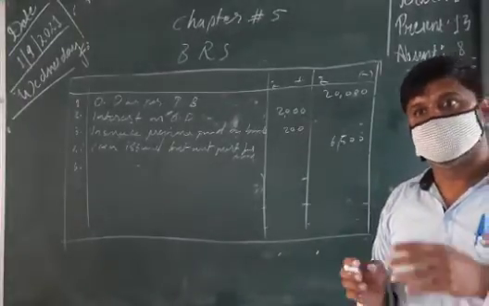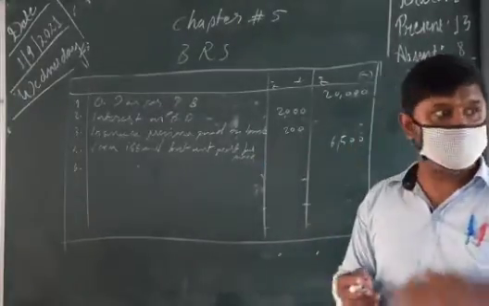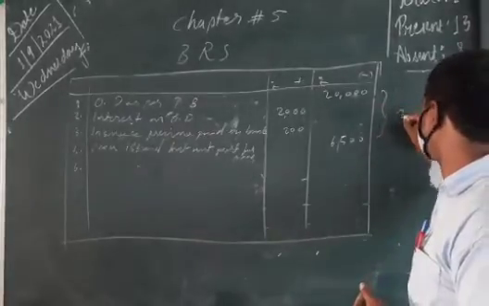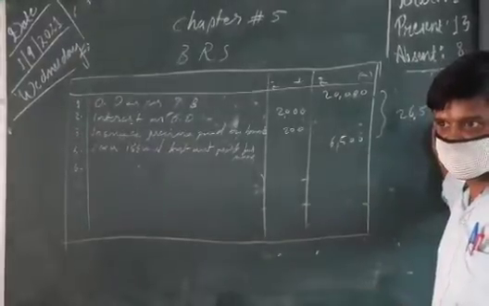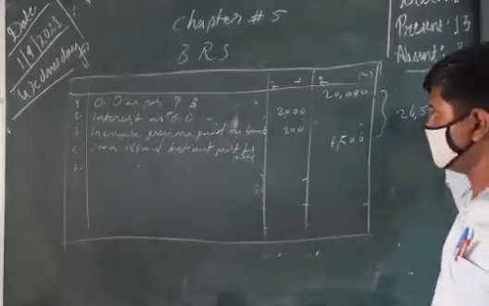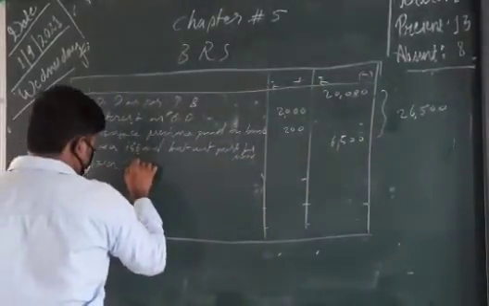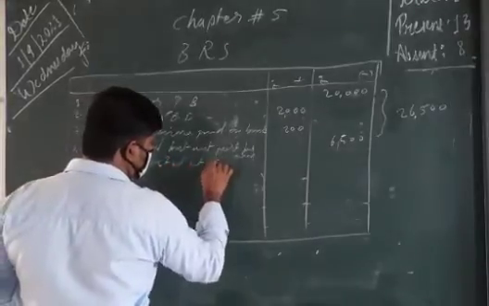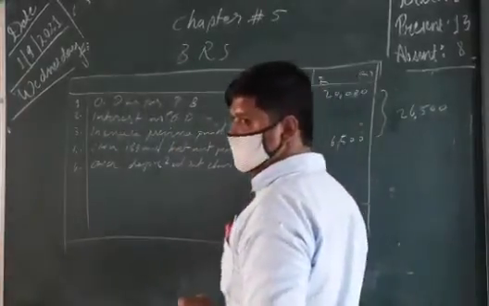I said that here our overdraft is increased up to 26,500. Actually, this is the effect. This check is deposited but not cleared by the bank. How much is that? 6,000.